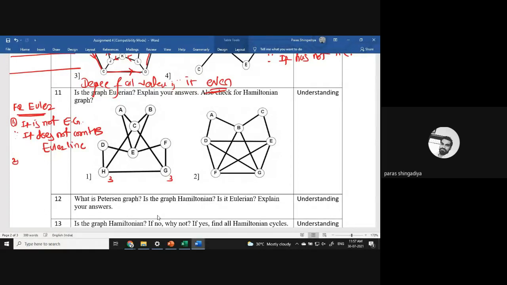Now for Hamiltonian. Is it a Hamiltonian graph? Can you find such a circuit? Mention your circuit, based on which you are saying whether it is Hamiltonian. What is your route?